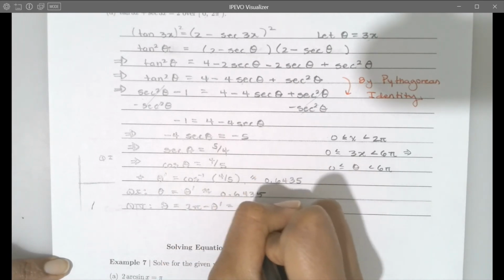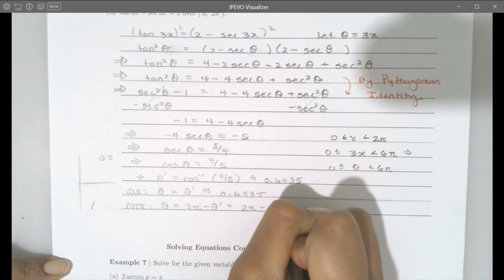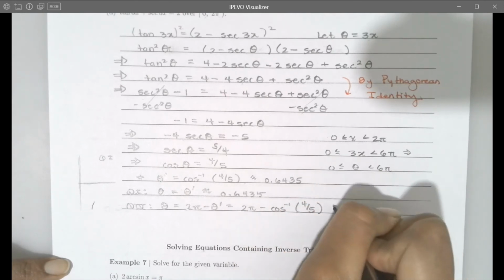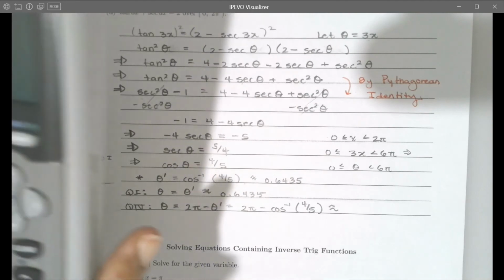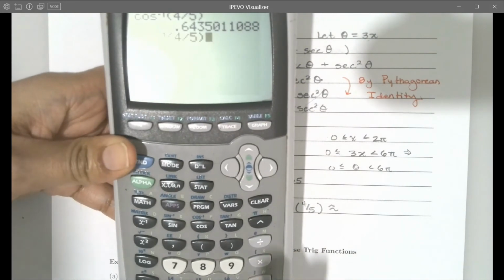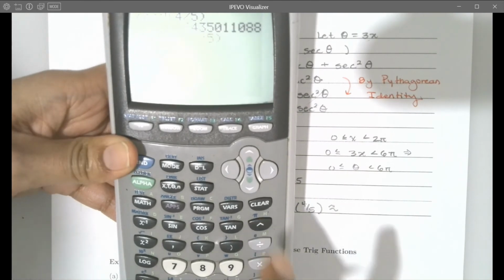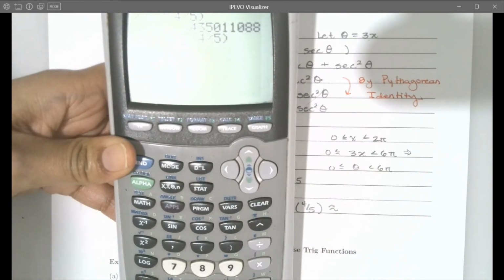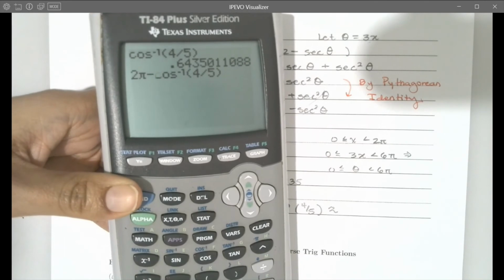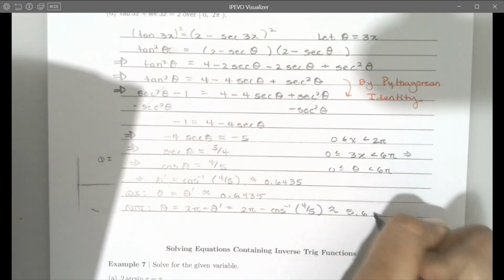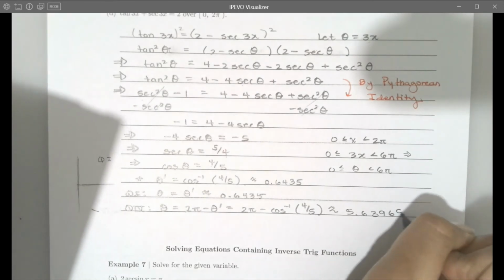So it'll be 2 pi minus cosine inverse of 4/5, and that is going to be approximately, let's go ahead and insert a 2 pi into here, so 2 pi and then minus cosine inverse of 4/5, and that'll be approximately 5.63968.